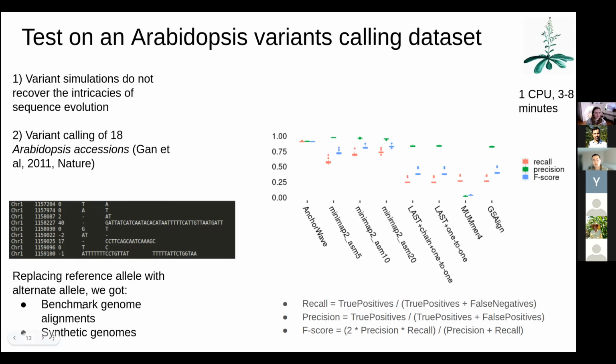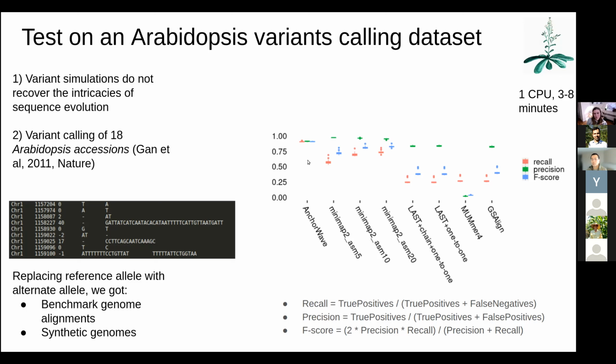Here we perform alignment using our AnchorWave and also the Minimap tool, and also LAST, MUMmer, and GSAlign. We calculate recall, which is the proportion of the benchmark alignment that can be recovered by the generated genome alignment.